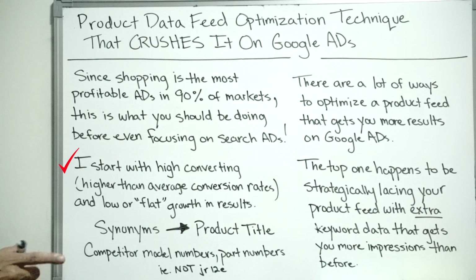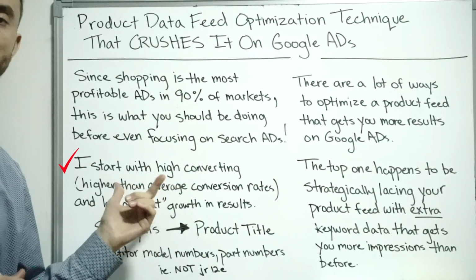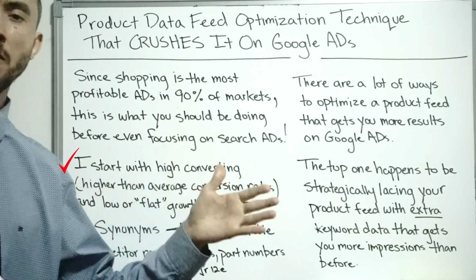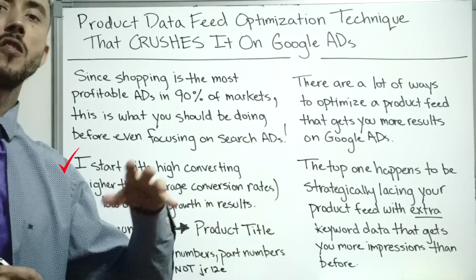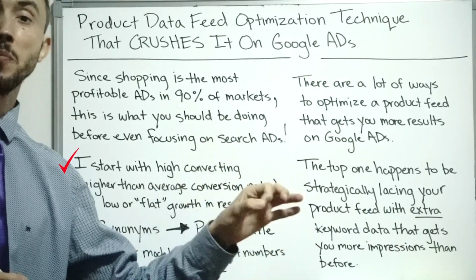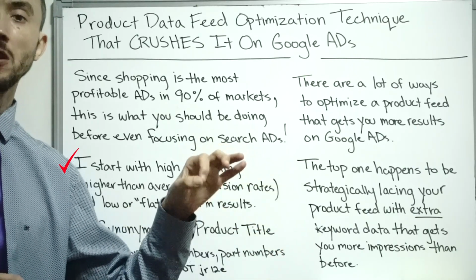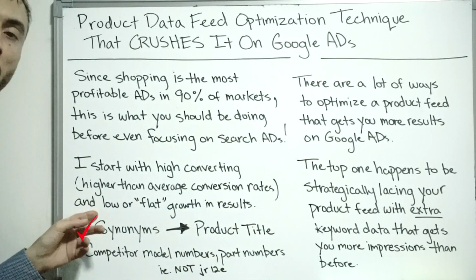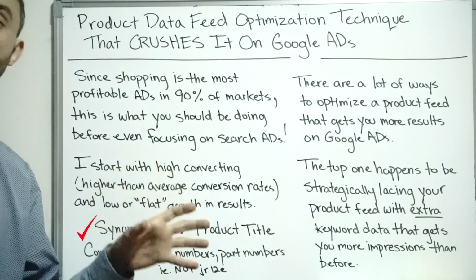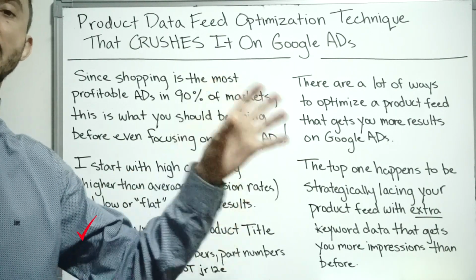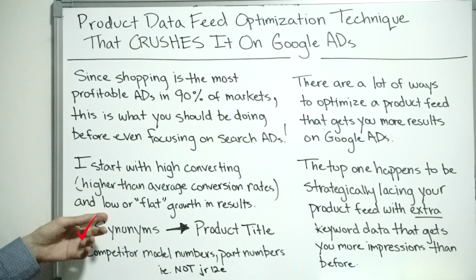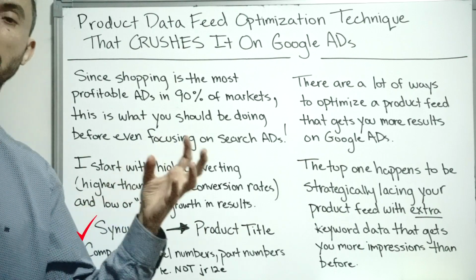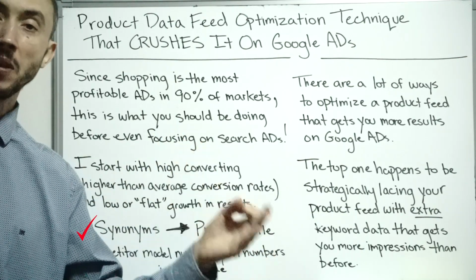So, to give you an example here, if the average conversion rate of all the shopping ads that we have is at 3%, right? 3% of all the clicks we get turn into a sale. Any products that I find that are at 3% conversion rate or higher and don't have very many sales because they're not being shown very much.